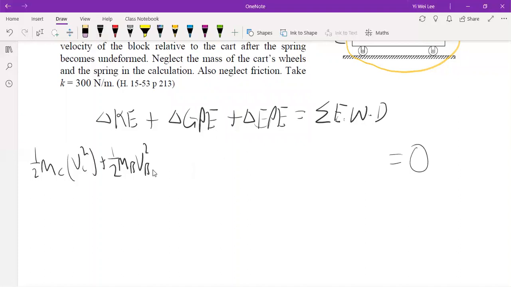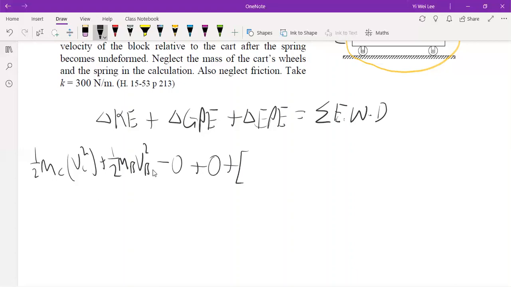Okay, one by one. So this is the final kinetic energy of the system, minus the initial kinetic energy of the system, which is zero. So this is my change in KE, plus change in GPE, which is zero, plus now the change in EPE.